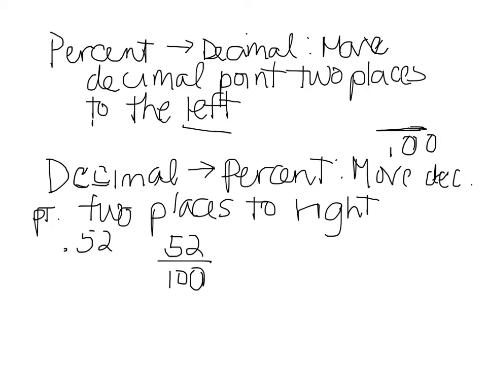So it stands to reason that 52 hundredths is 52%. In fact, if I'm looking at decimal places, the first two, this one is tenths, this one is hundredths. So whatever is here is the percent, and then the decimal point will remain.